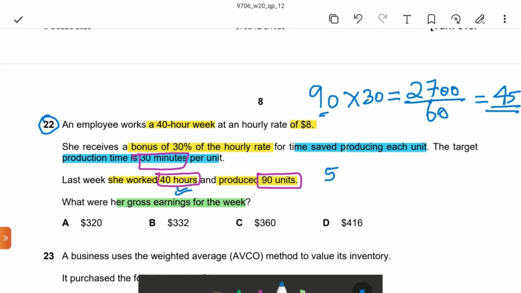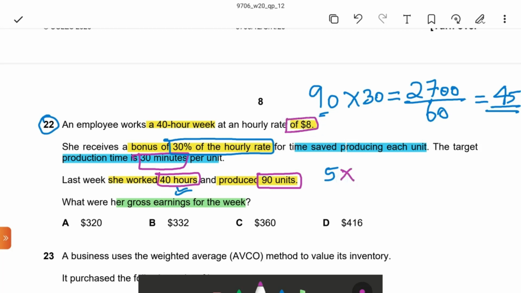5 hours saved. So for each saved hour, how much will they get? If he saved any time, he will get a bonus of 30% of the hourly rate. So 5 hours, what is the payment for 5 hours? Per hour 8.